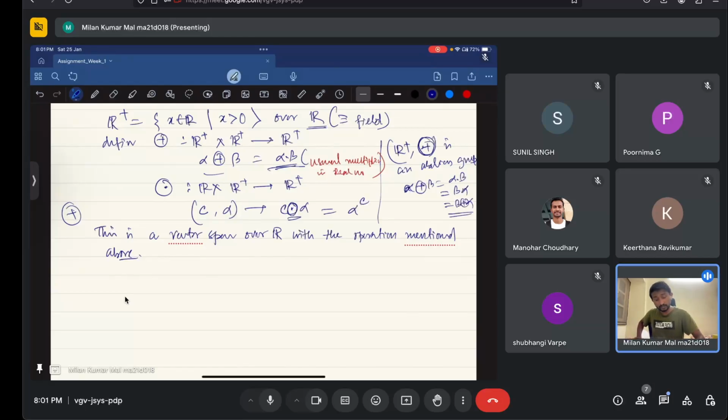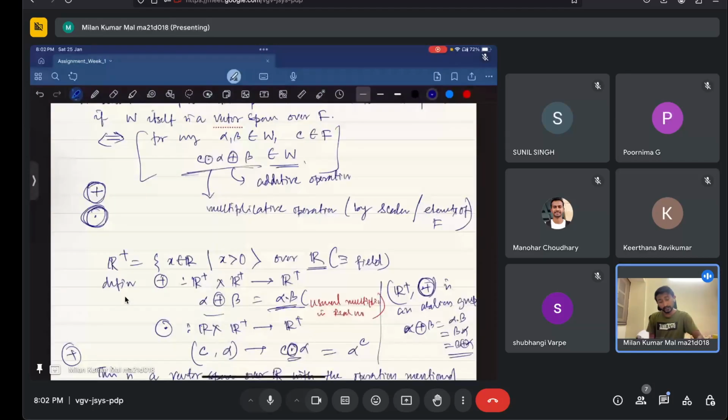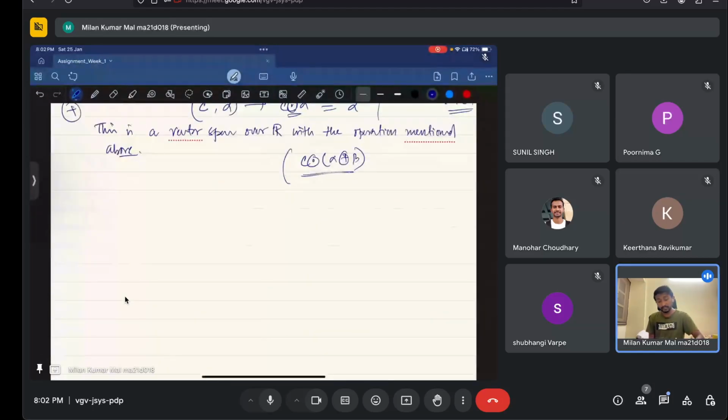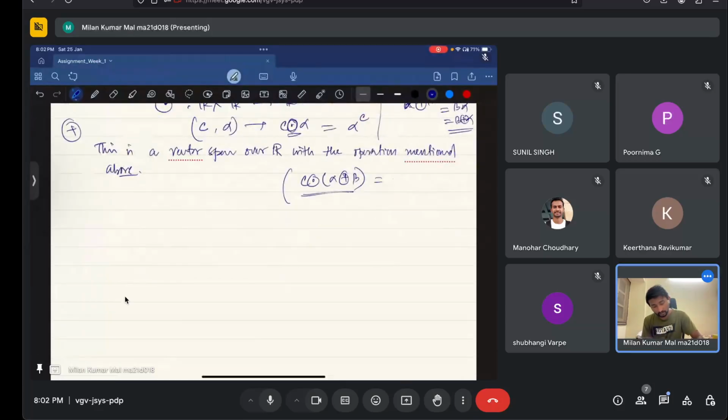All these things will be satisfied. I will check only one thing, that is C dot alpha plus beta. This is the distributive property. Usually all other properties are satisfied, but sometimes the distributive property creates problems.